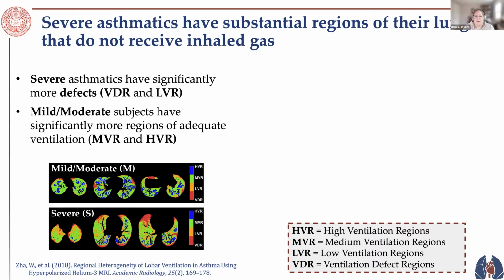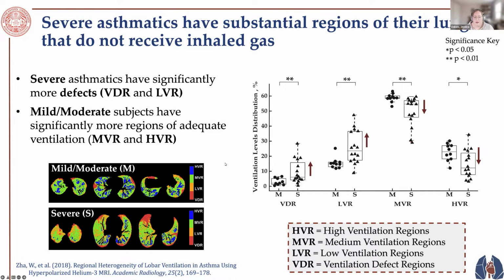As I had mentioned before, severe asthmatics have substantial regions of the lung that do not receive inhaled gas, and we can classify this based off the defect level. Here I have defect levels of VDR, LVR, MVR, and HVR.